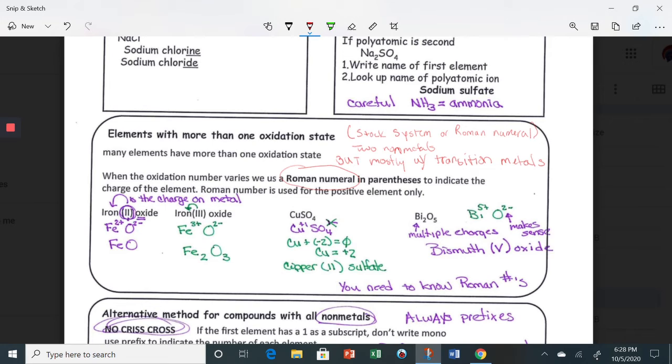If I were to write the formula, I would use Fe for iron, but it's a positive 2 because the number in the numeral is 2, as opposed to this one, where the number in the numeral is 3. So this one's a plus 2 charge state, oxidation number state for iron, where it's iron 2. And if you're iron 3, it's a 3 plus.